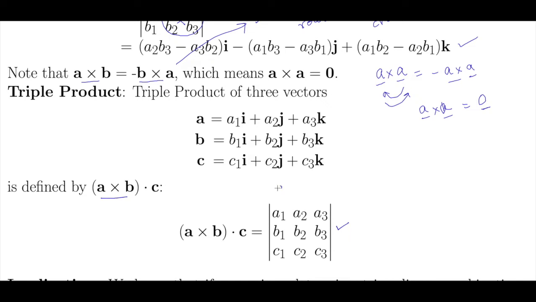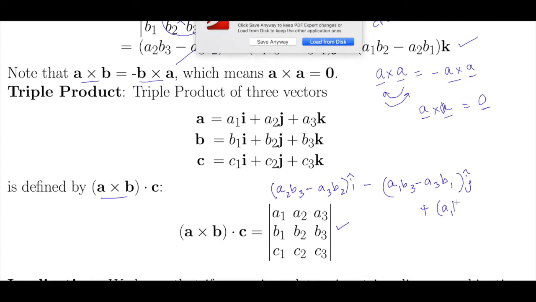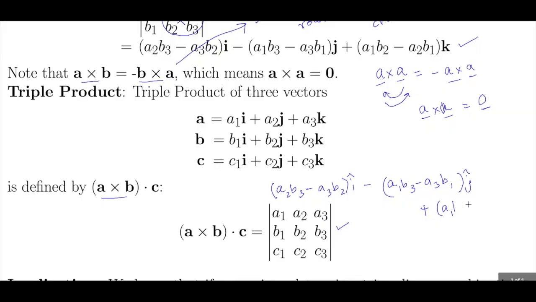So I will say we have (a2 b3 minus a3 b2) i minus (a1 b3 minus a3 b1) j plus (a1 b2 minus a2 b1) k, and then dot product of this guy with c1 i plus c2 j plus c3 k.